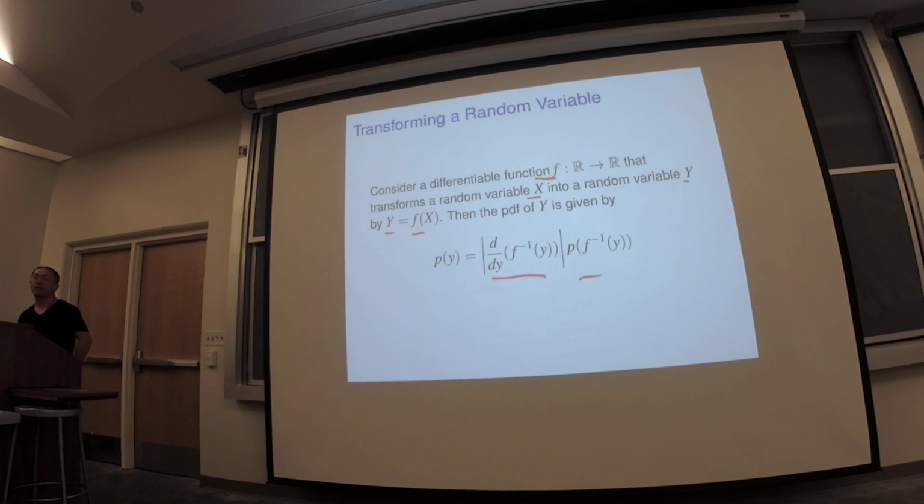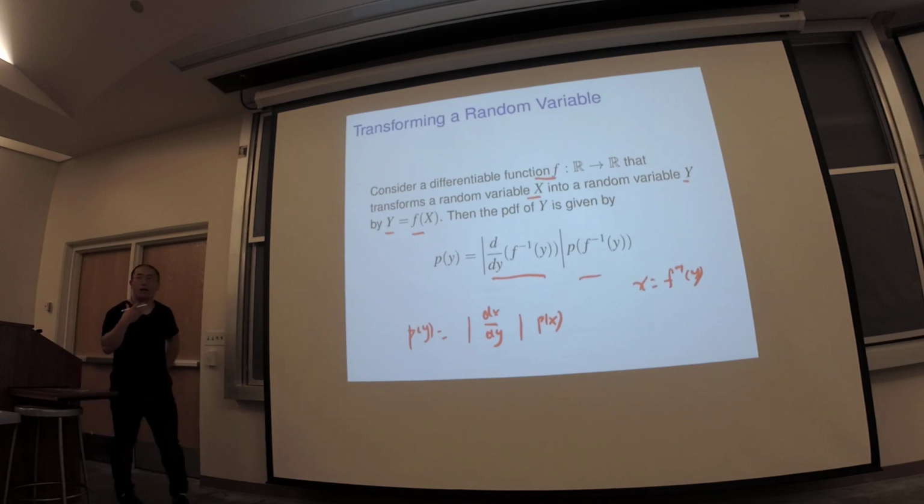This is the result, but I think this is a bit complex. You can just memorize p_y is equal to the absolute value of dx over dy times the density over x. Because x can be represented as f inverse of y, you just substitute x with f inverse of y, and you get this result.